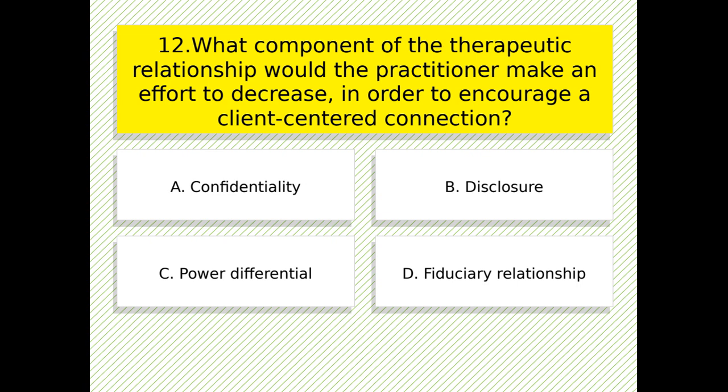All right. What component of the therapeutic relationship would the practitioner make an effort to decrease in order to encourage a client-centered connection? Tricky question. Everybody selecting D. I want to confirm this one.